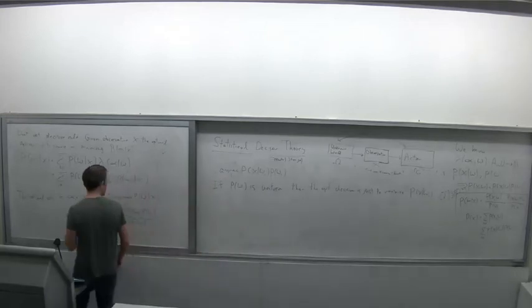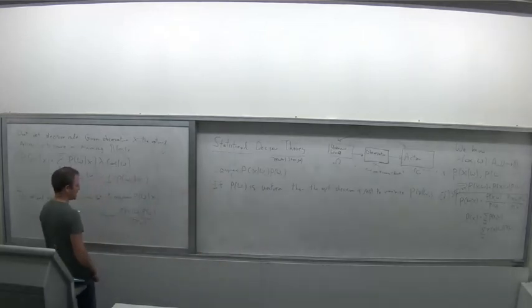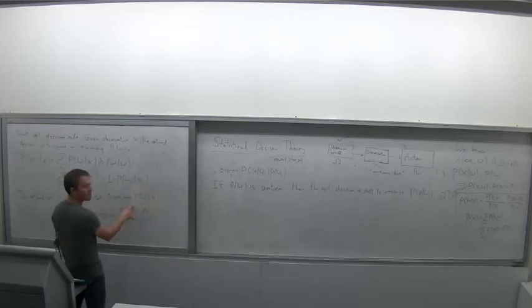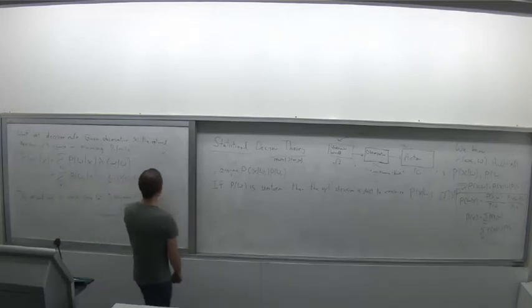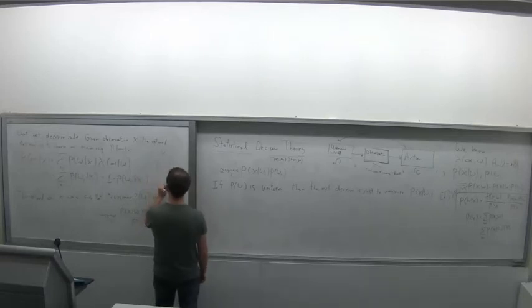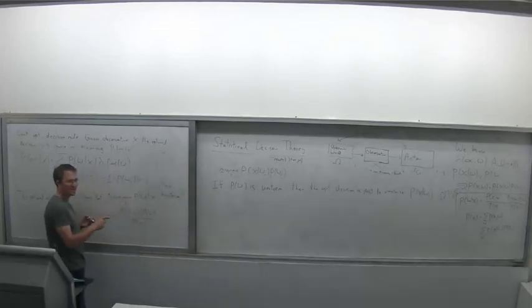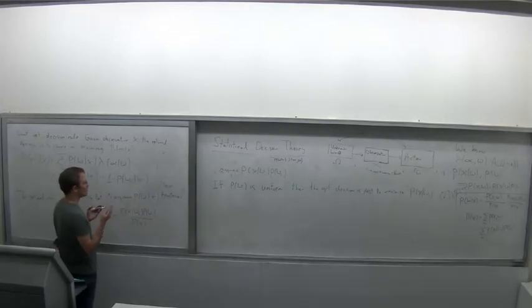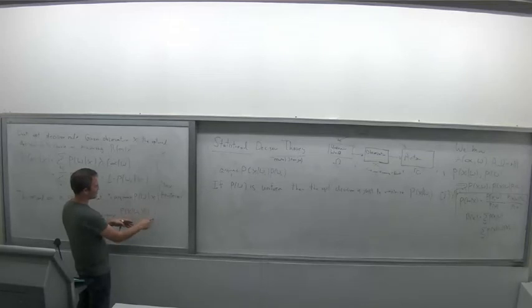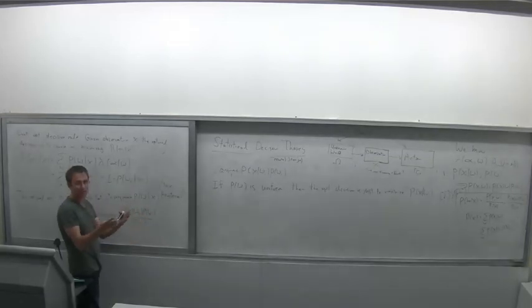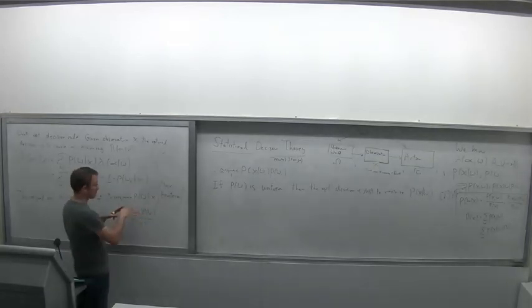Just in terms of terminology, this is called the maximum a posteriori decision rule. So this is max a posteriori. Why is it called that? Max because of the max. Why a posteriori? Because I have my prior beliefs on omega, which is what I think before I see the image.